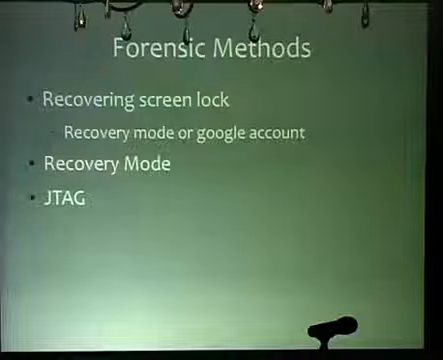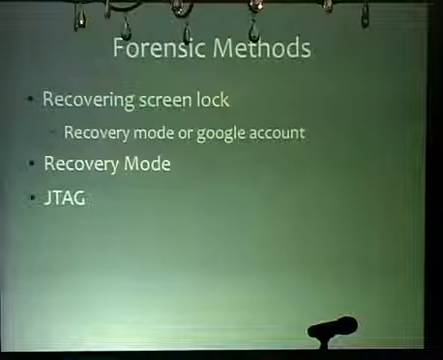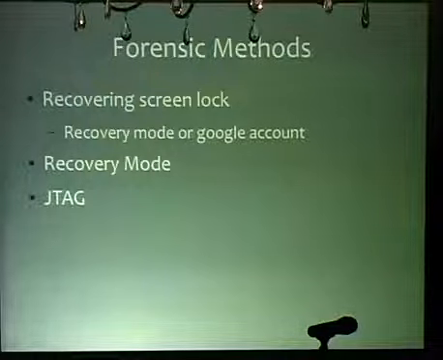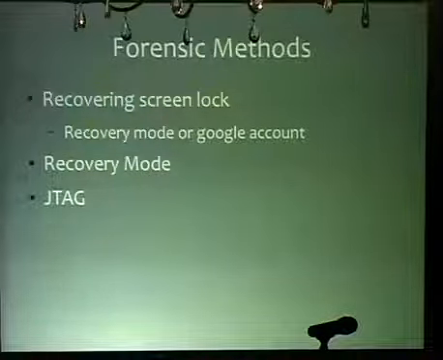And if both of those fail, there's something called the JTAG interface, which stands for Joint Test Action Group. This is a standard in all CPUs that allows you to take apart the phone and solder a little device to it, and it lets you create a dump of the memory. This is possibly a destructive act, so it's possible that it could be ruled that that made the evidence forensically invalid, but it's possible that it could be. Anyway, those are the forensic methods.